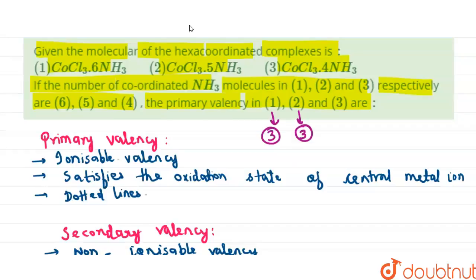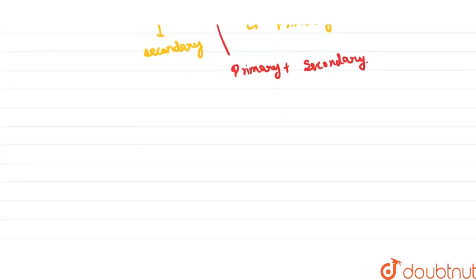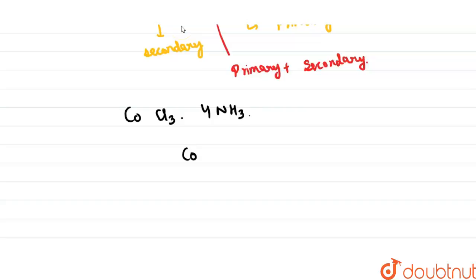If we consider compound 3, which is CoCl3.4NH3, here we are given that all four ammonia ligands are coordinated. So the molecule will have the formula [Co(NH3)4Cl2]Cl, because we have to maintain the coordination number of cobalt to be 6.